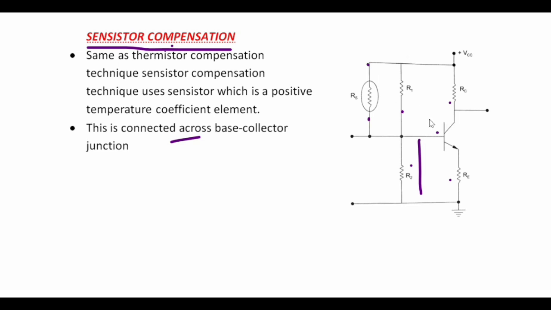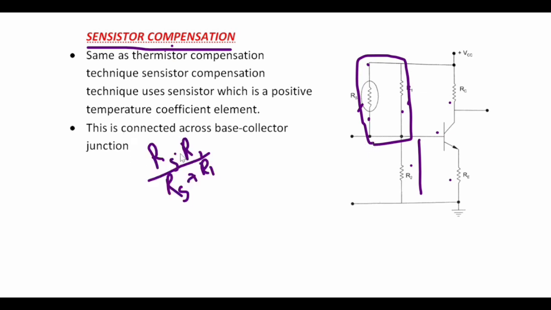Let us discuss how it works. As RS is a positive temperature coefficient resistor and R1 is a normal resistor, and these two are in parallel, the equivalent resistance offered by this branch will be RS into R1 by RS plus R1.